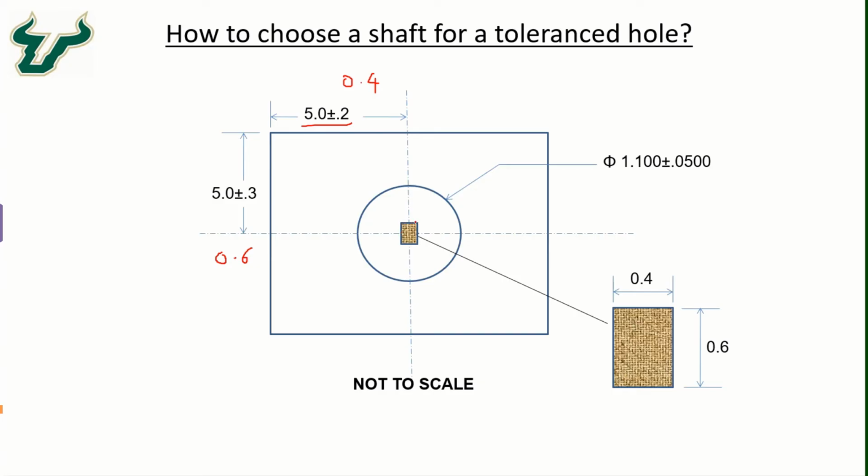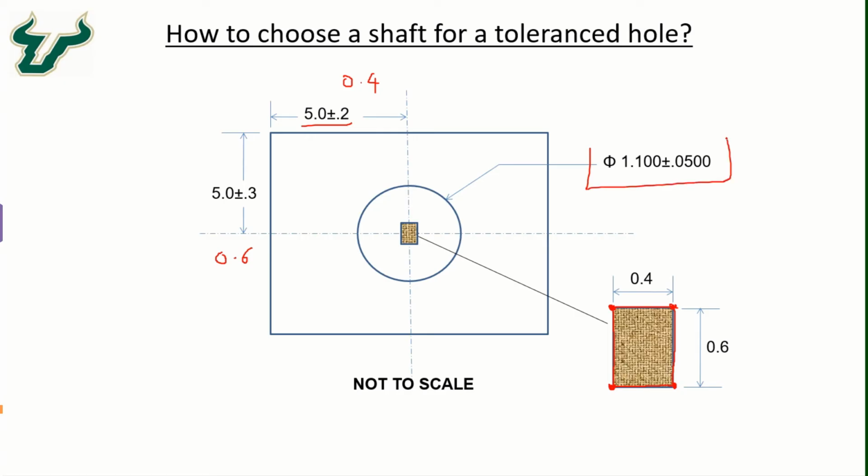So the hole can be created anywhere along this rectangular tolerance location zone, which is highlighted or magnified here, and 0.4 by 0.6 becomes our tolerance region, where anywhere in this rectangle the hole center can be created. Okay, so that's the locational tolerance. In the worst case scenario, the hole could be created with its center on the 4 vertices of this rectangle. That is the extreme condition, and there are 4 possible scenarios for it.